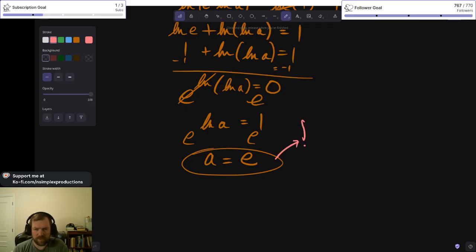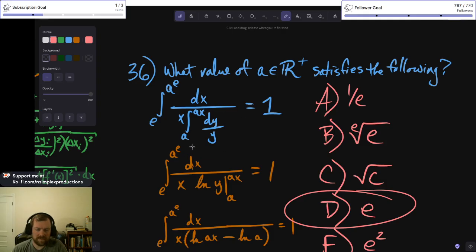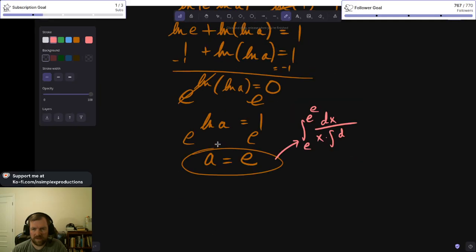We're going to take the integral from e to e to the e of, what was it, dx over x times the integral from a to ax of dy over y, equals 1.